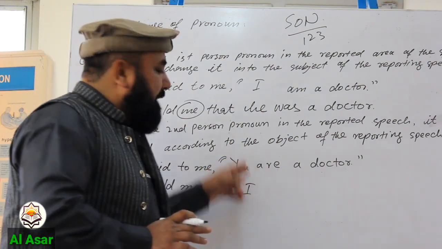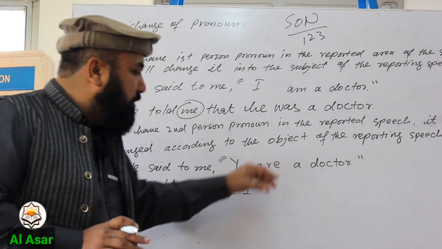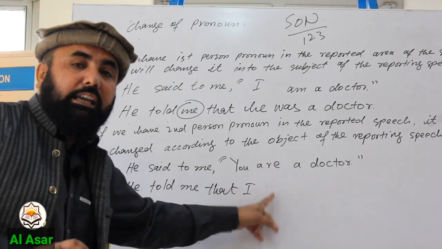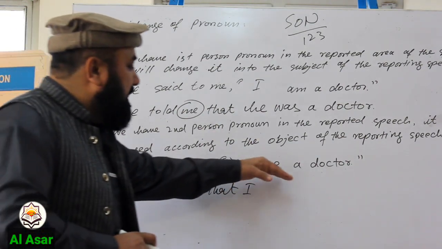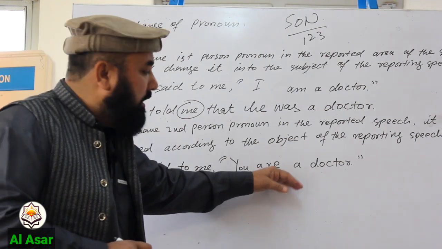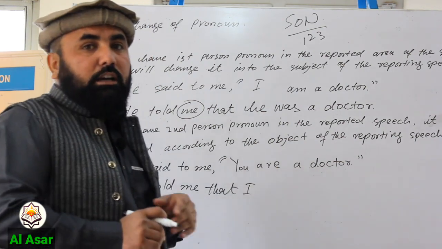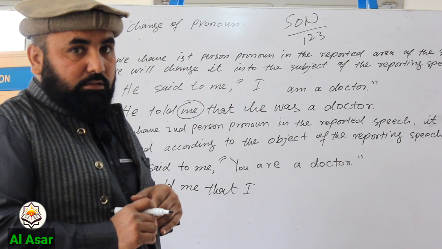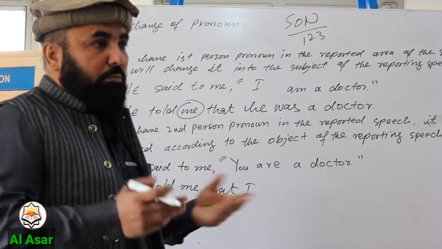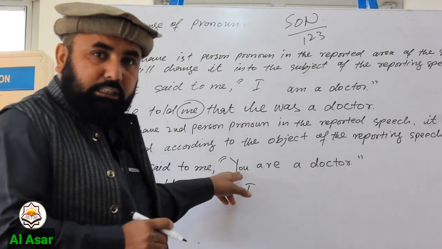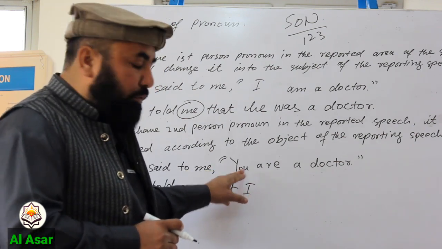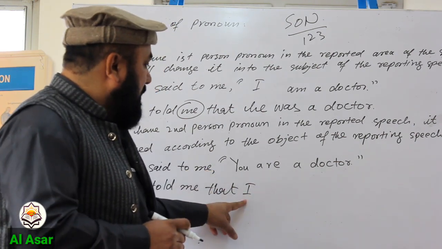Whatever the case is here in this portion, you will use the same case of pronoun here in this portion. Sometimes the objective case is used here and the students use a subjective case, which makes the difference. So here we have subjective case, we will use subjective case of first person pronoun.